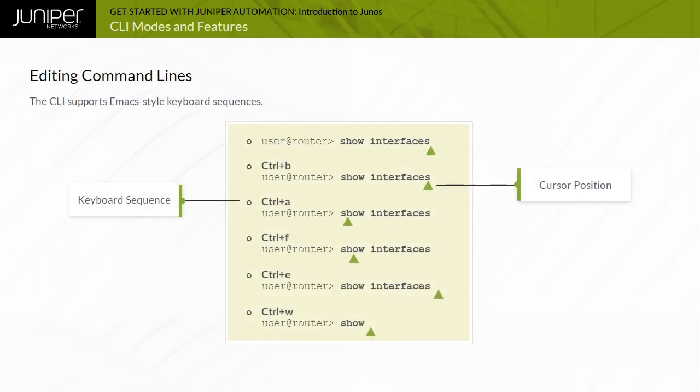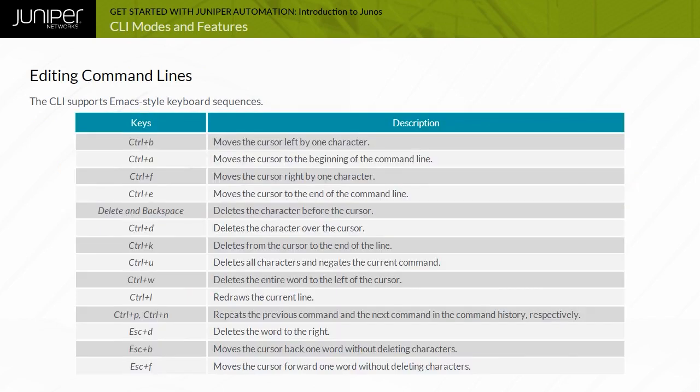The CLI supports Emacs-style keyboard sequences that permit you to move the cursor on a command line and delete specific characters or words. This table lists the supported sequences. Please note that when using the Escape key, you must release the key and press it again for each occurrence. This action differs from the Control key, which you can hold down for multiple occurrences.